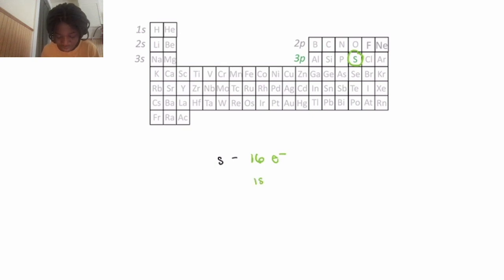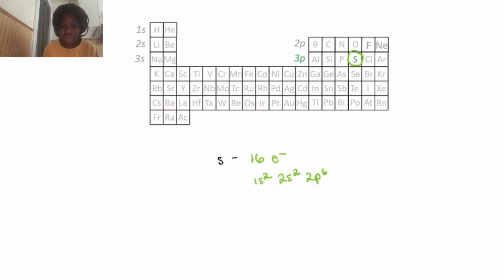We have 1s2. Now we must go down to 2s2. And now we've hit our 2p, but our sulfur is in 3p, so we have to cover this entire thing. It has a maximum of 6 electrons, so we write 2p6.